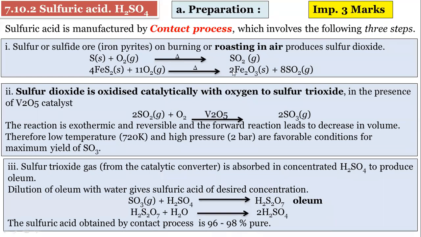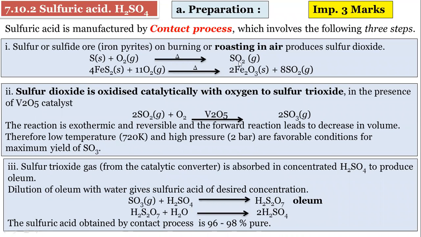In the first step, SO2, that is sulfur dioxide, is prepared. In the second step, sulfur trioxide is prepared. In the third step, from the sulfur trioxide, oleum is prepared, and after dilution of oleum with water, H2SO4 is prepared. So one by one we will explain. What is the first step? Preparation of SO2.